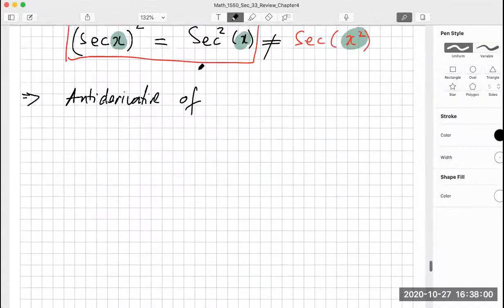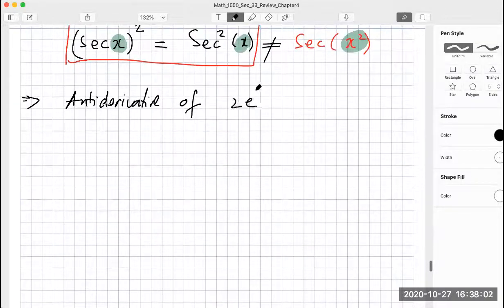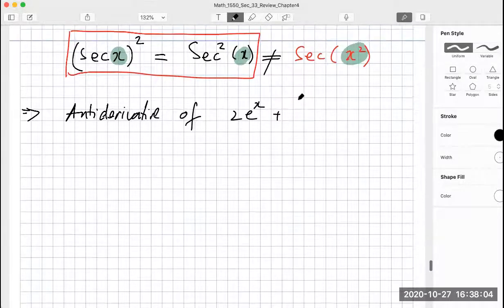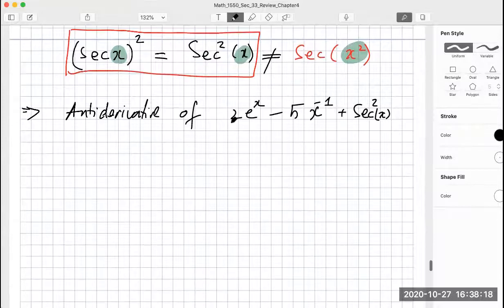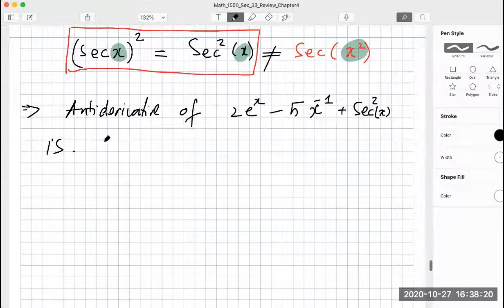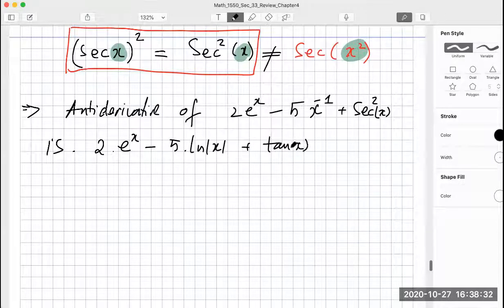Of 2e to the x minus 5x to the negative 1 plus secant square of x is 2e to the x minus 5 natural log of absolute value of x plus tangent of x.